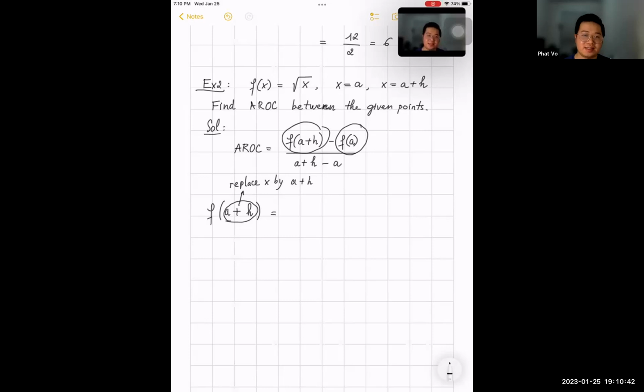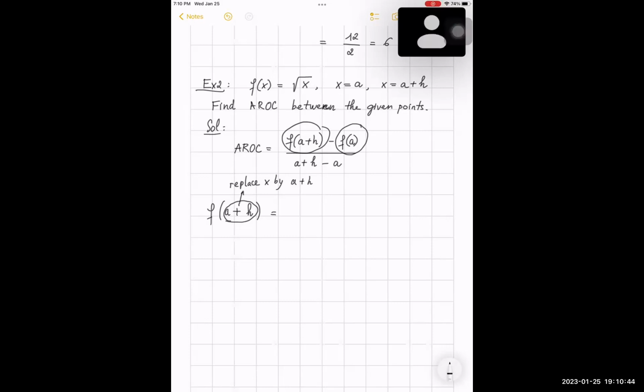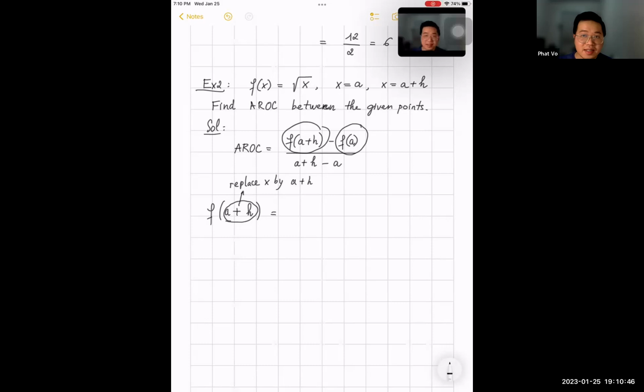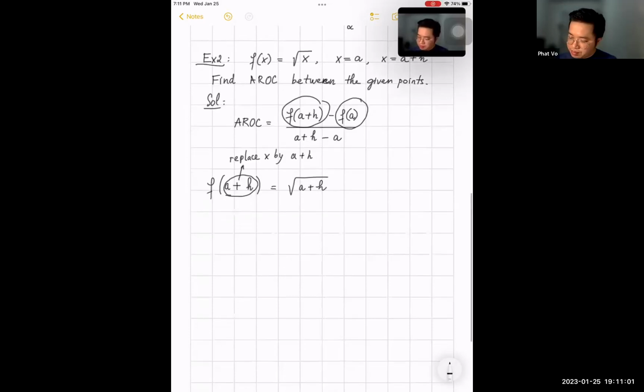So what is this? Square root of a plus h. Yeah, exactly. Okay, thank you, Cove. So this is the square root of a plus h. Just replace x by this, and that gives the value at this point. Okay.